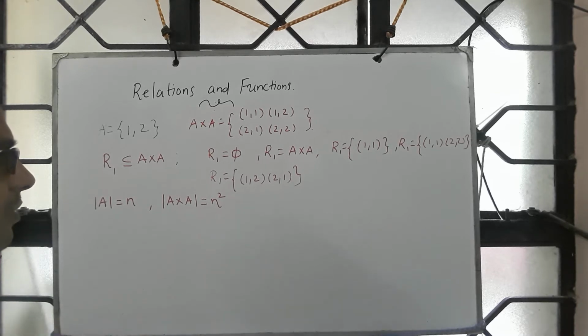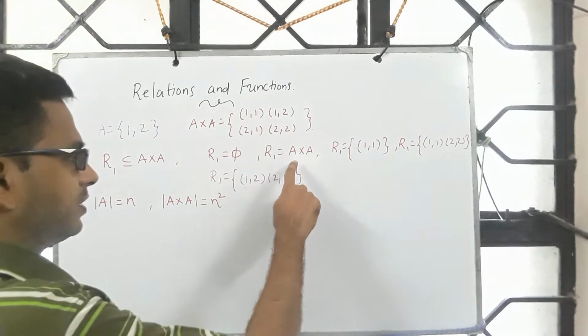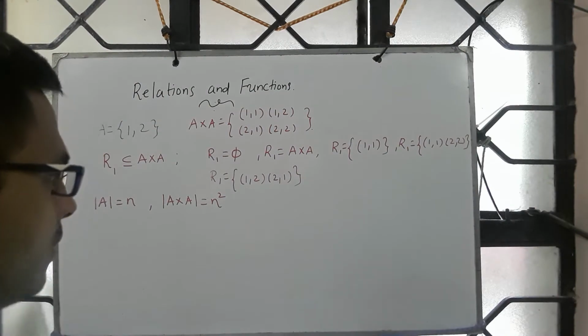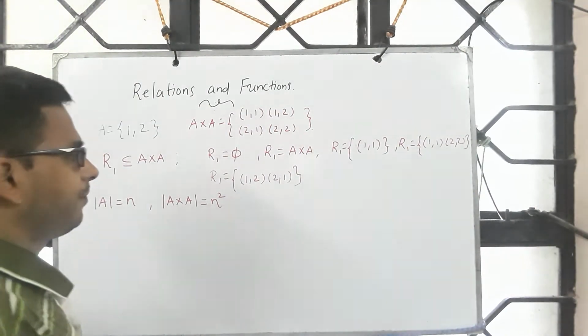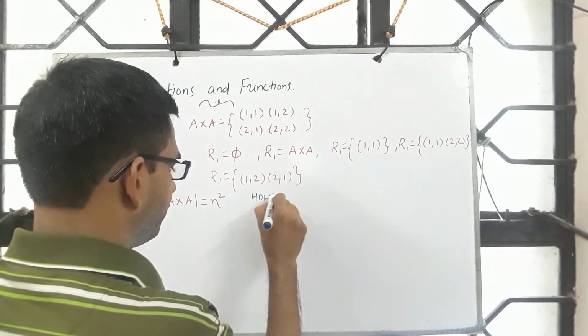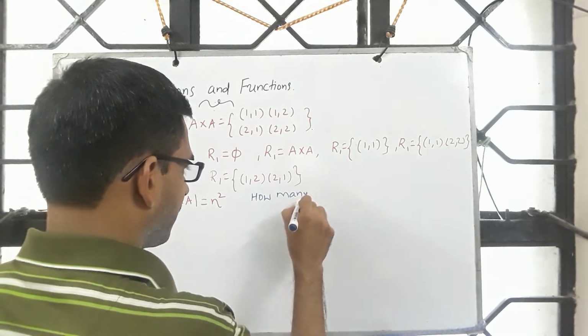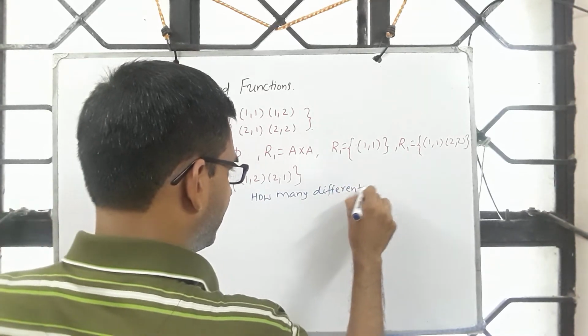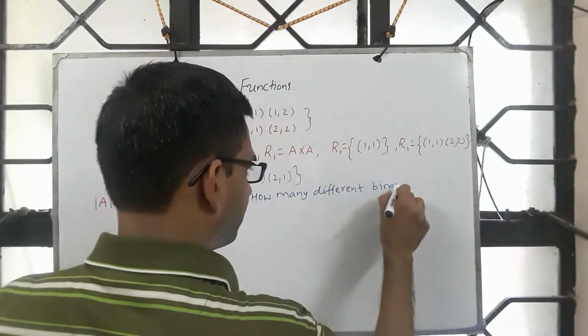This one is a relation, this one is a relation, this one is a relation. Now we wish to know, given A and A cross A, how many different binary relations are there?